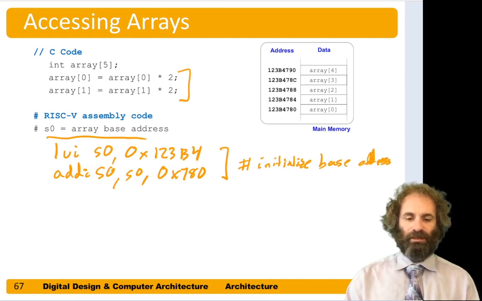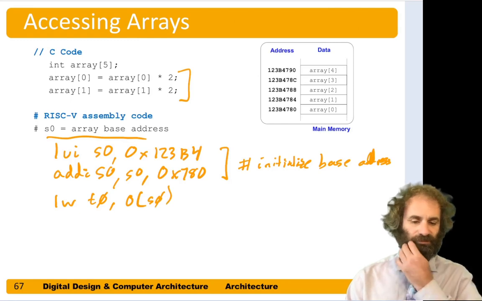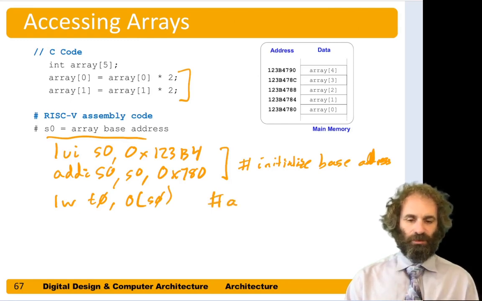Now if we wanted to load element 0, we could do a load word, say into temporary 0, 0 parentheses S0. That will load array bracket 0.